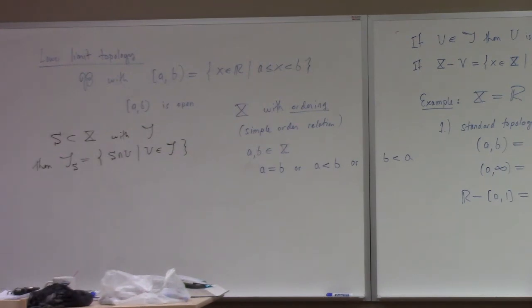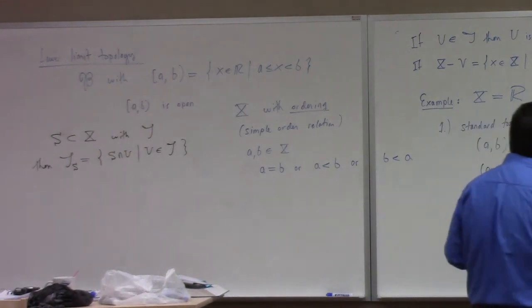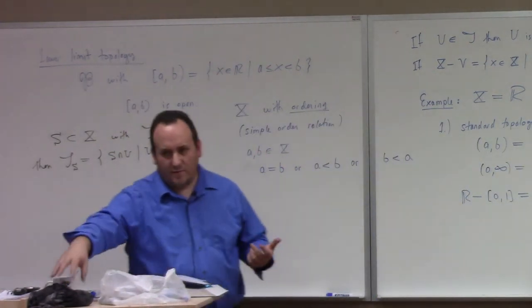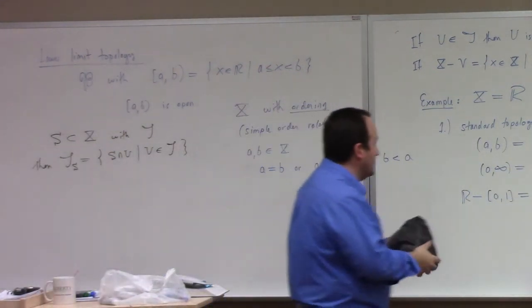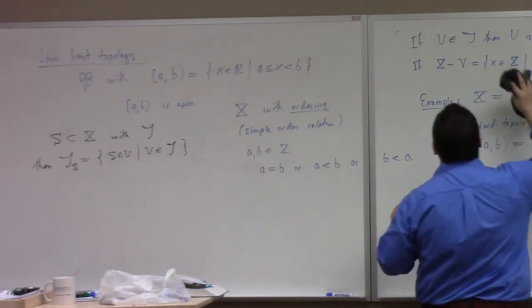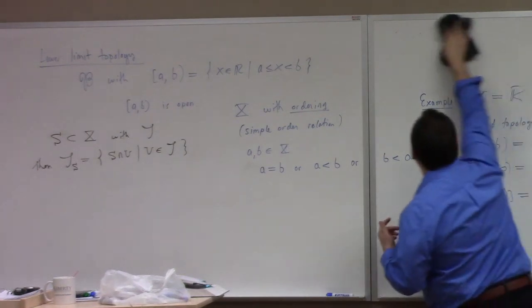Now, the topology we're most familiar with is actually the metric topology. The metric topology is generated from some notion of distance in the space. We use a basis of open balls is what it boils down to.